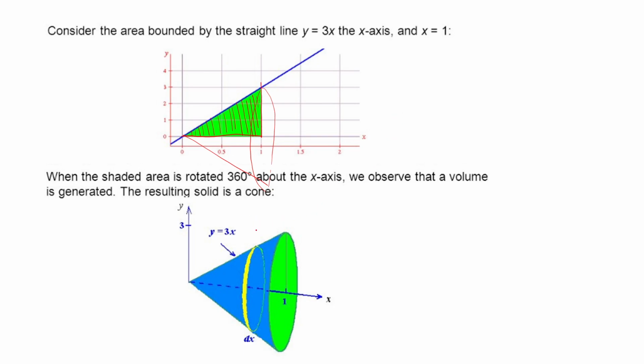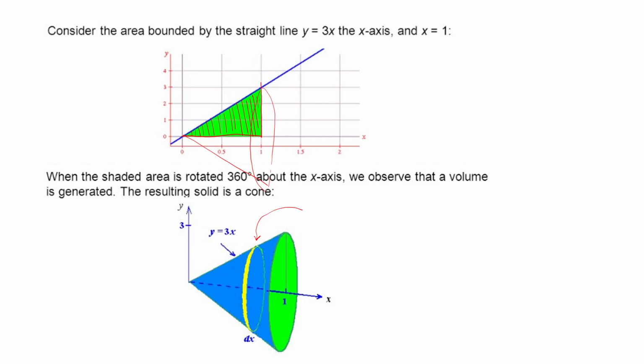Okay, so notice also that in the lower figure, there's a differential disk, or let's say area. Since we have utilized the vertical strip and the horizontal strip in the area, in the volume we will still be utilizing those concepts, but the vertical and horizontal strips are the ones being rotated.